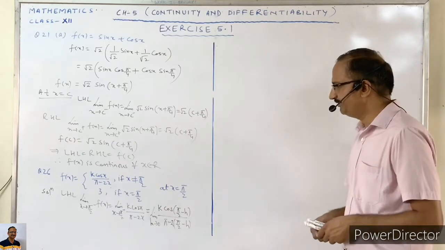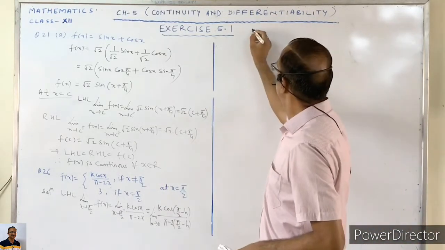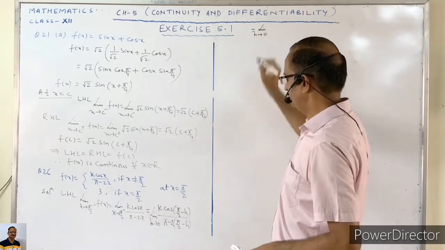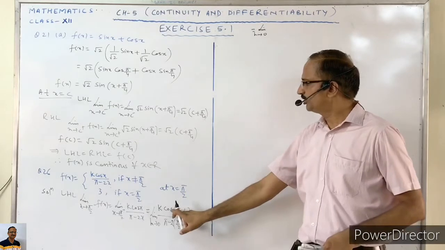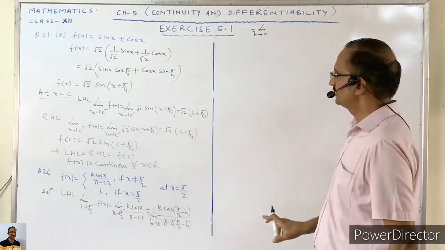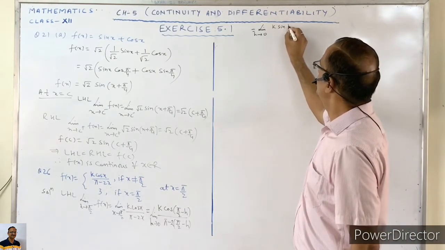Now when we simplify this, we will get limit h tends to 0. In numerator this is cos(pi by 2 minus h), so this is sin h. So we can write k sin h.